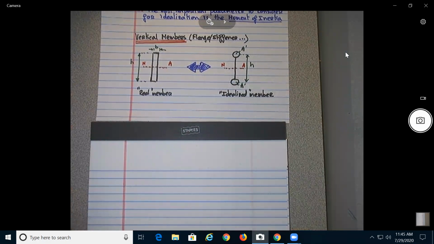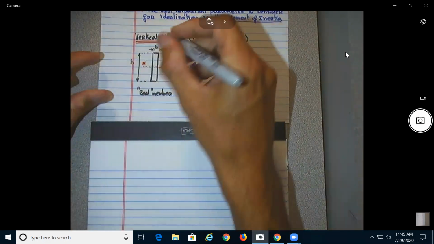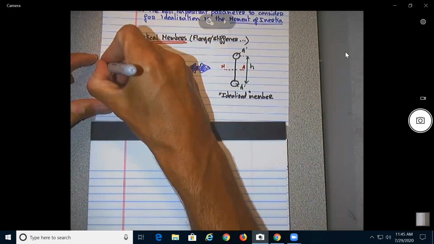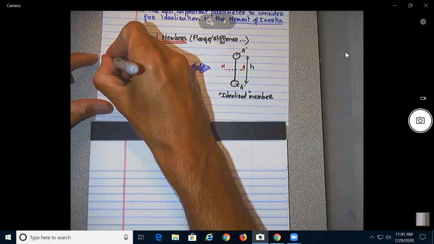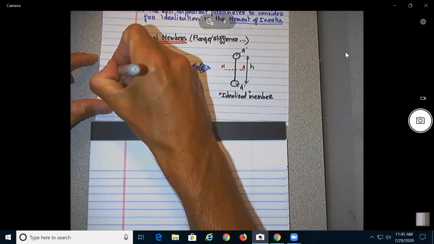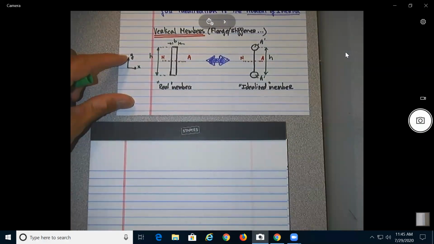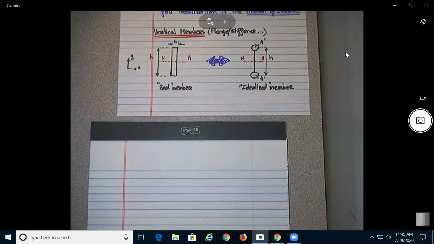Okay, and here, let's just say that our reference frame is going to be of this form over here, Y and X, okay? I take this reference frame.